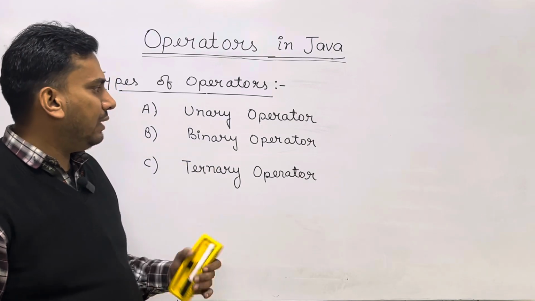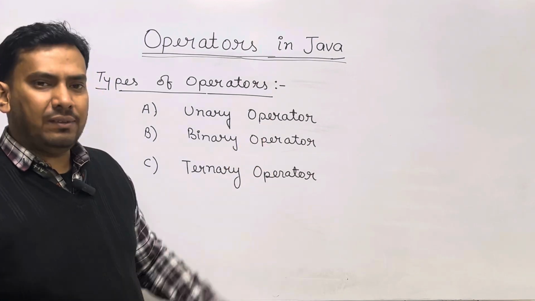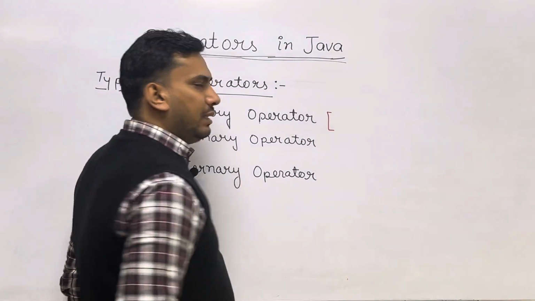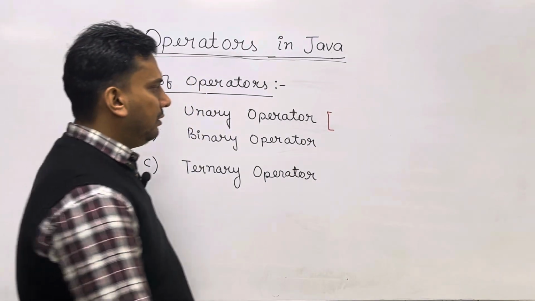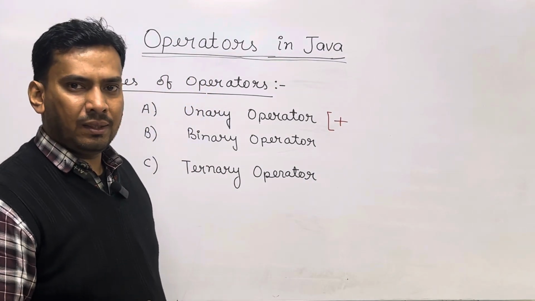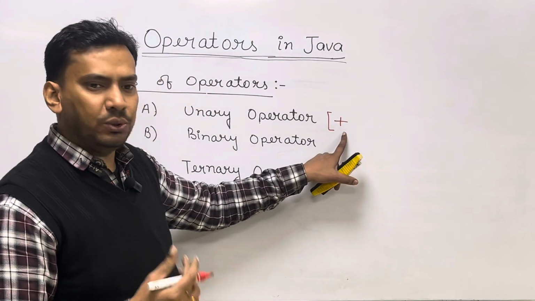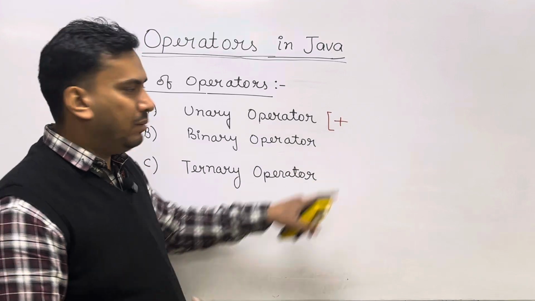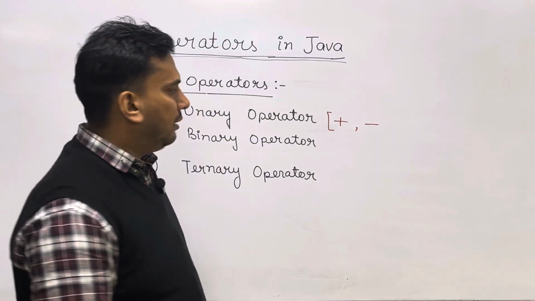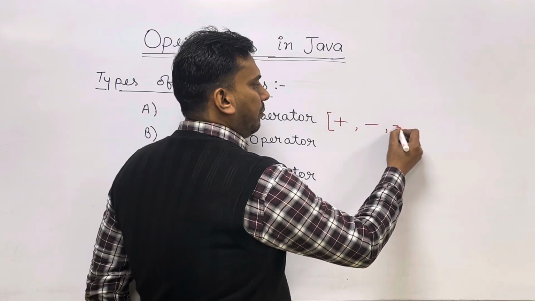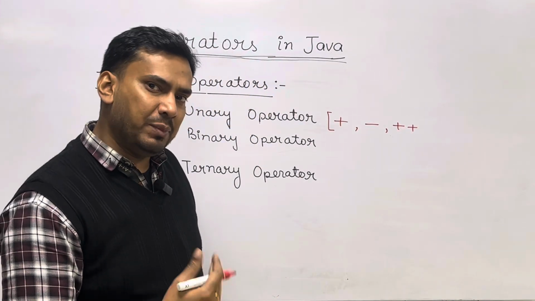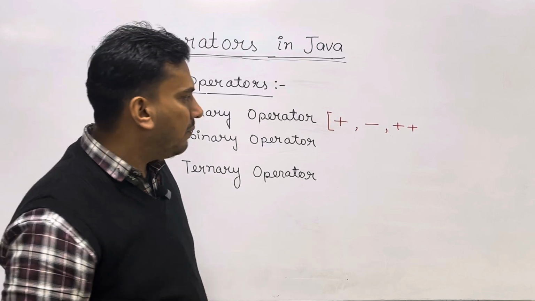In Java, there are 5 unary operators. The first one is the unary plus operator, which is used to show the sign. Similarly, the unary minus operator. Then you have the increment operator, plus plus, and you can write a plus plus or plus plus b.